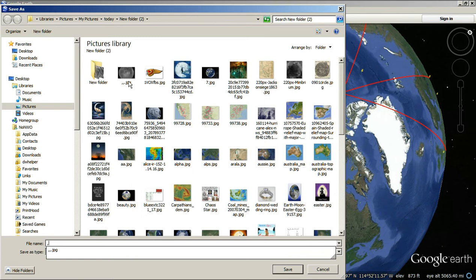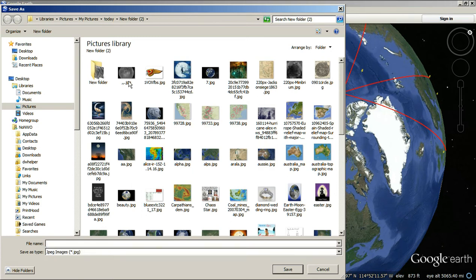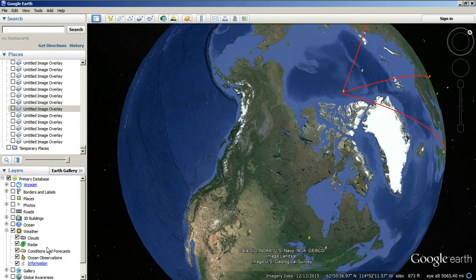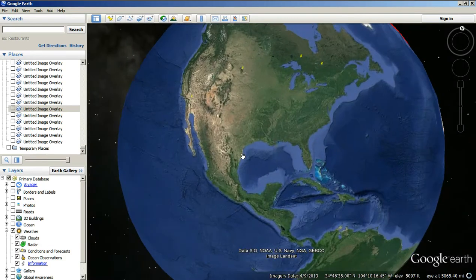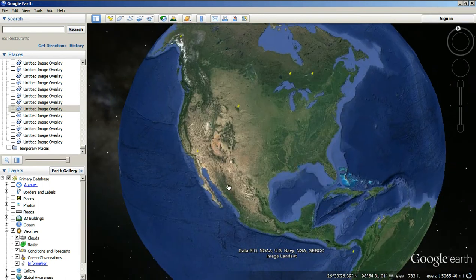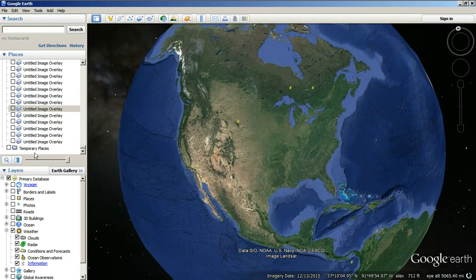Can't see my keyboard. Let's do it right here. Over that same picture.